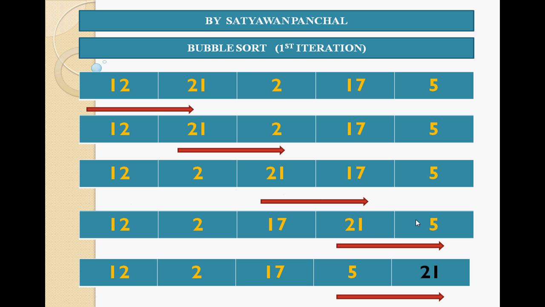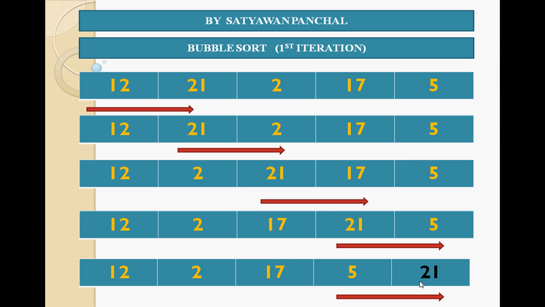Okay, so this is the final step of this iteration. So finally what we have got is that 21 is the largest element from this list, and it has been shifted to the last position. So in bubble sort we will be finalizing the heavier element at the depth. Okay, so elements with higher weights will be going into the deep.